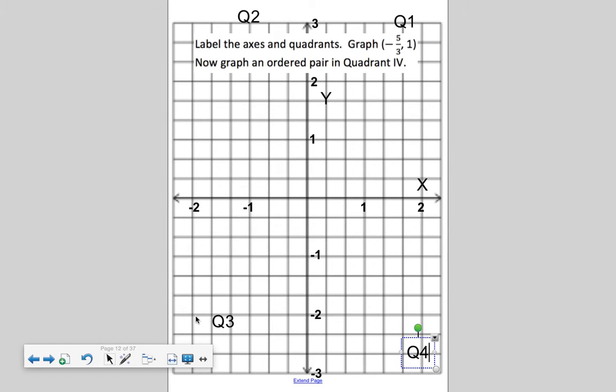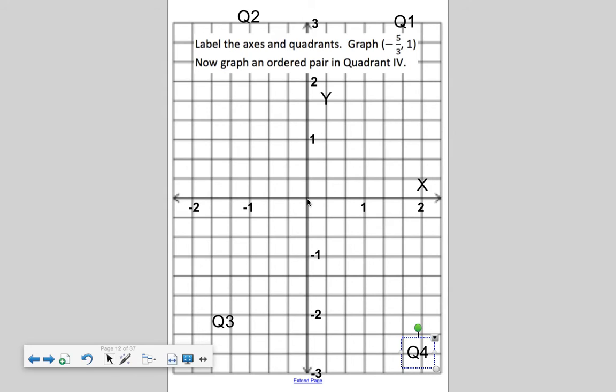Now, it says graph -5/3, comma, 1. So let's look at this carefully. Here's 0. Here's 1 whole. If you had to divide this unit, it seems like it's divided into thirds. So that's 1/3, 2/3, 3/3.